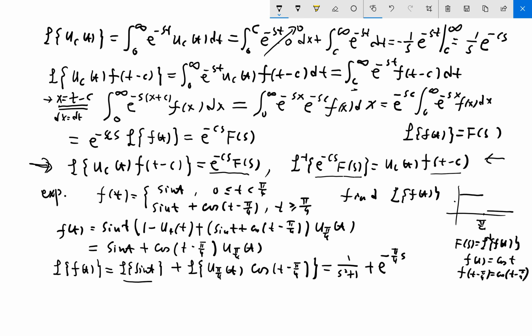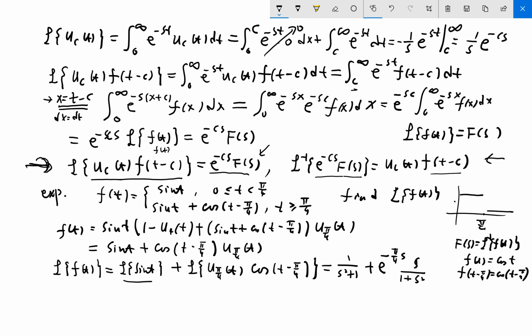So to use this formula to find the Laplace transform for this whole thing, you just need to find the Laplace transform of small f(t), which is capital F(s).